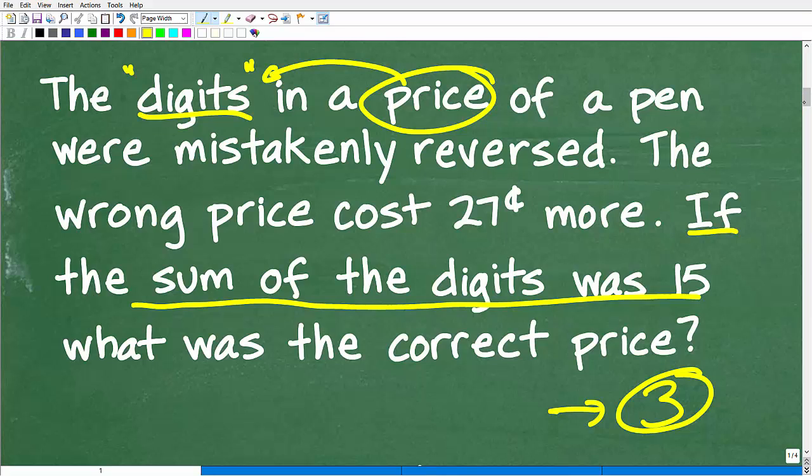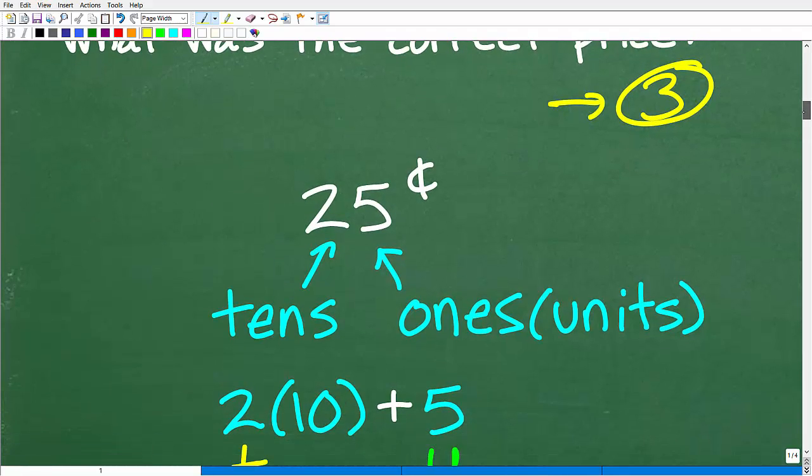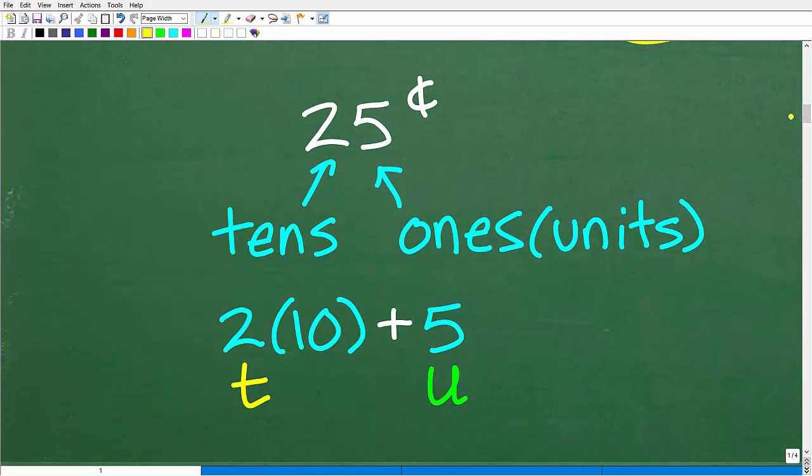But let's go ahead and get into this right now. Let's review the price of an item. So let's take something like 25 cents. Let's take a look at the units here. We have the tens unit, so this is the first number here. And then we have the ones or the units digit. So these are the digits of a price, something that maybe costs 25 cents.